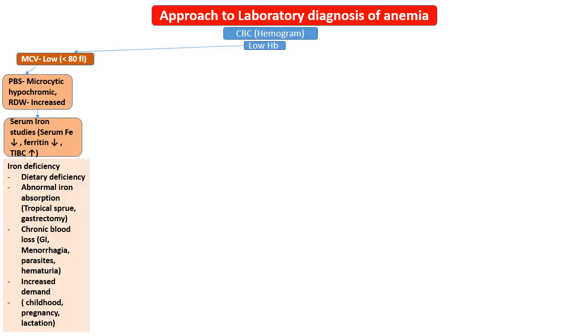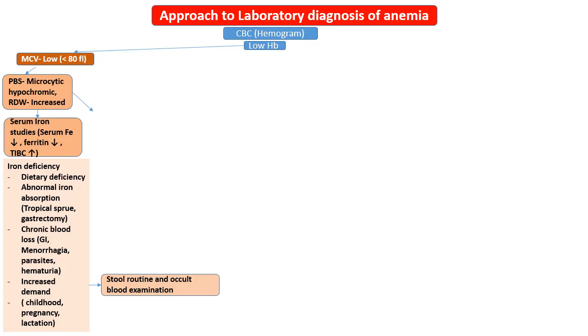There can be increased physiological demand of iron like in childhood, pregnancy and lactation, which can also lead to iron deficiency. To rule out the loss of blood through the gastrointestinal tract, the next test which you should advise is routine stool examination and occult blood examination in the stools.